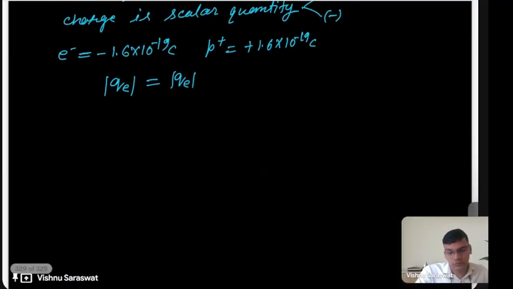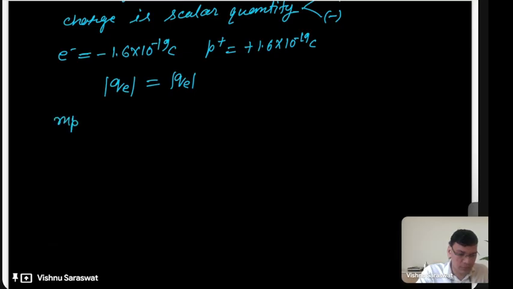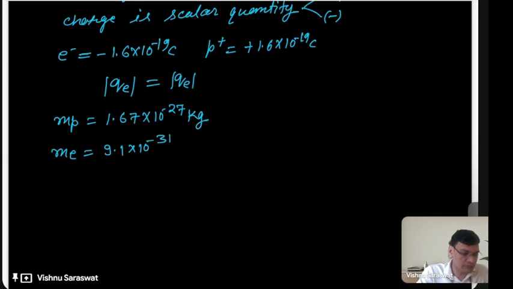And when we talk about the mass of the proton and mass of the electron, they actually differ. Mass of proton is 1.67 into 10 raised to power minus 27 kilogram, and mass of electron is 9.1 into 10 raised to power minus 31 kilogram. So the mass of proton is much greater than mass of electron. Keep this in mind.